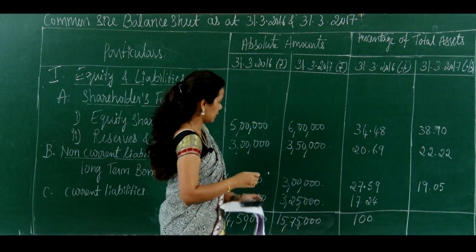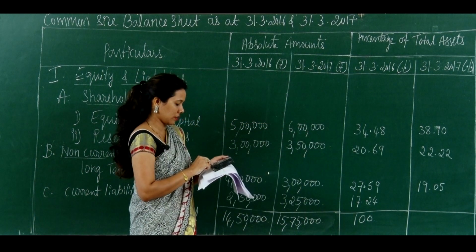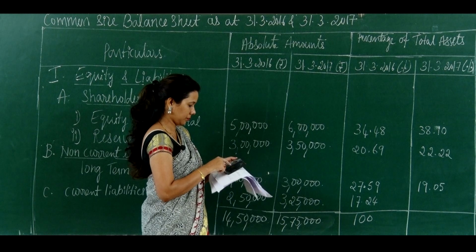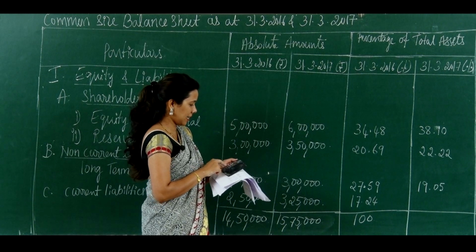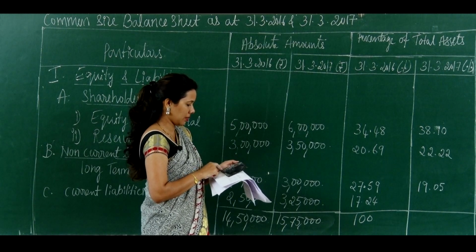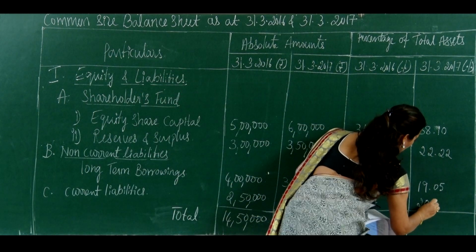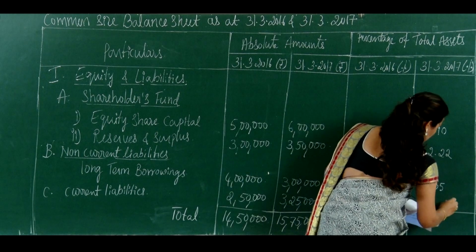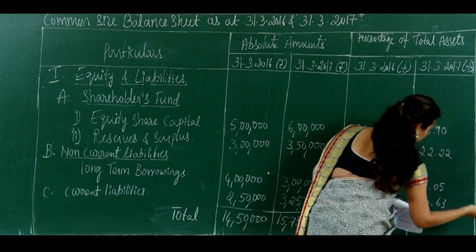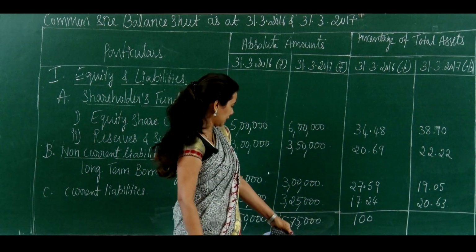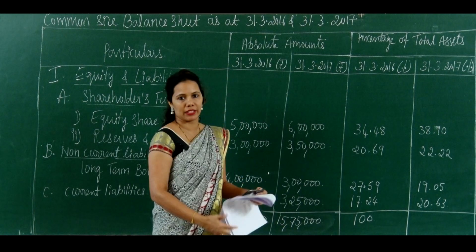And the last one, 3 lakh 25,000 divided by 15 lakh 75,000 into 100, that is 20.63. And the last one is your total, 15 lakh 75,000.